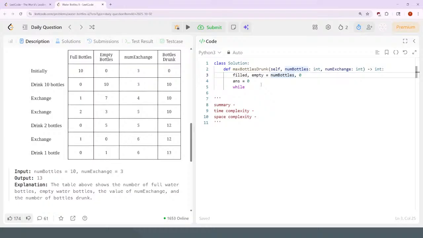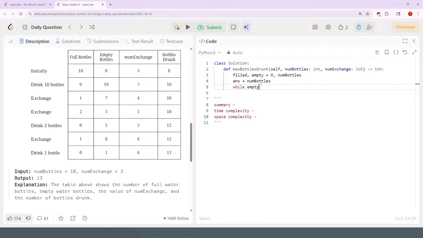Maybe you just need to actually start with emptying everything. So maybe you actually start with filled is 0, empty is numBottles, assuming that you drank all the bottles that you could. Okay.